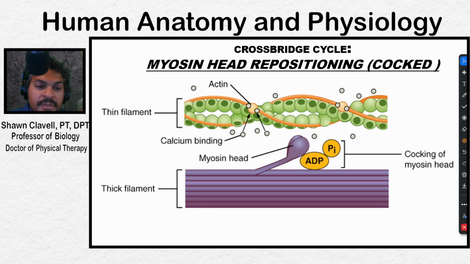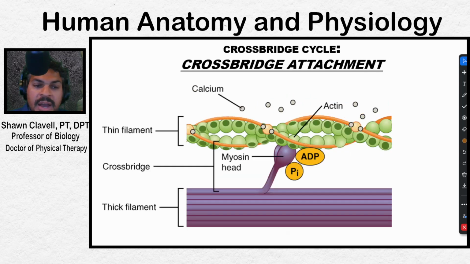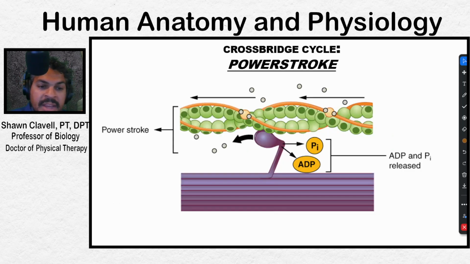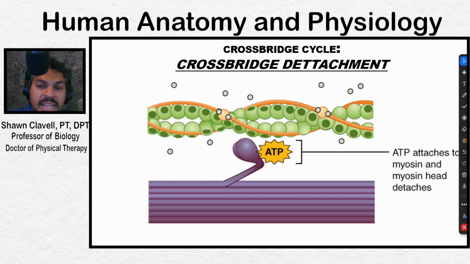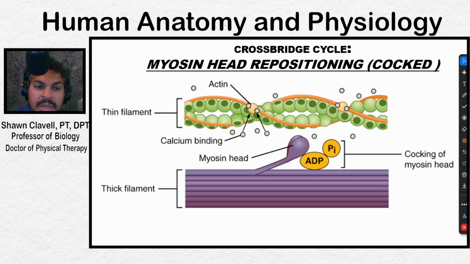Again, the phases of the cross bridge cycle, there's four of them, as we can see here. You've got cross bridge attachment, which releases the ADP and the inorganic phosphate, then the power stroke, cross bridge detachment, and repositioning.